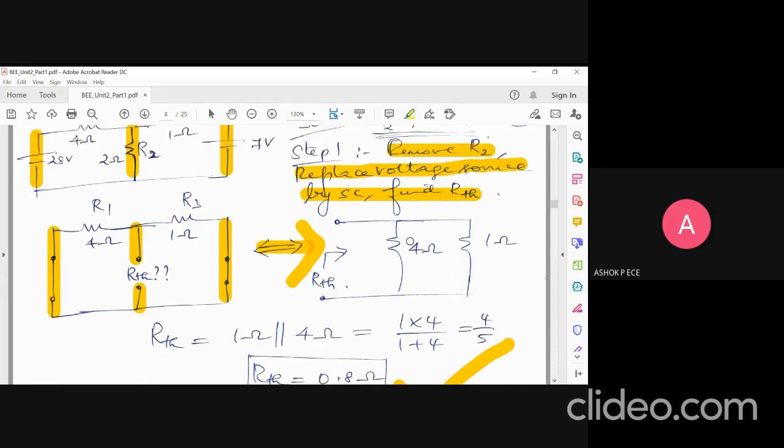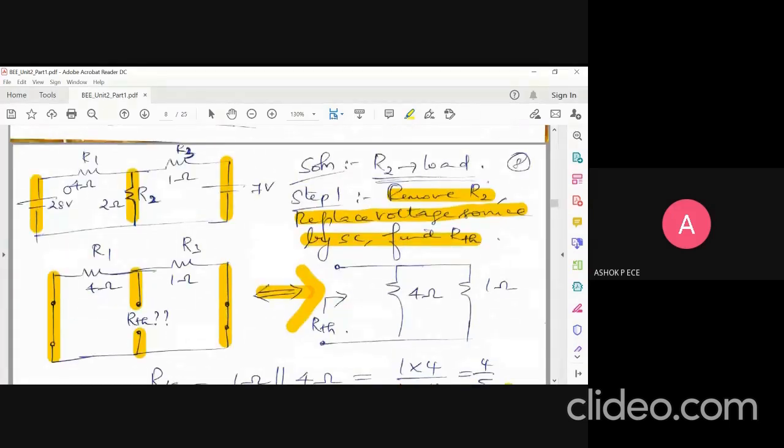Anybody having doubt in this step, how to find RTH? Across the removed component, you have to look through and see what your RTH is. Usually the component will be at this end or this end. So if you are finding RTH from this end, you will be coming from the reverse way, correct? But since here RTH is in the middle, I need to redraw the diagram in a better way for understanding.